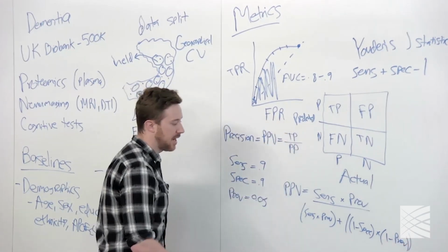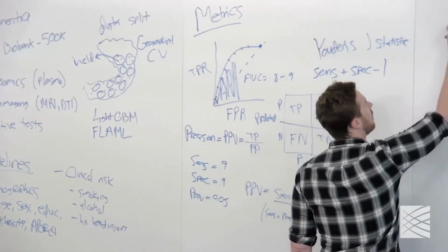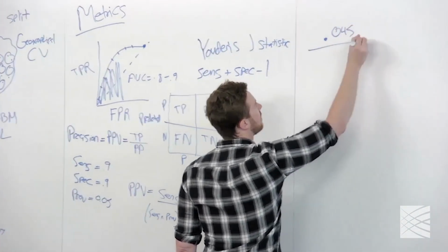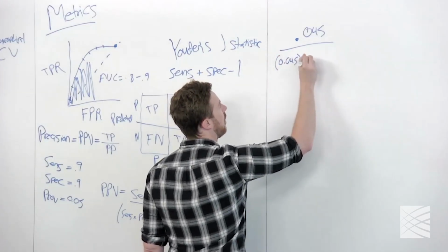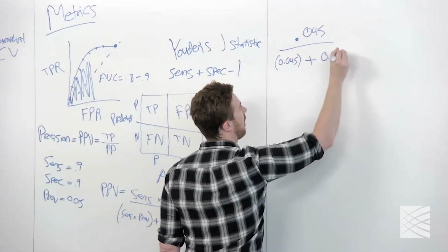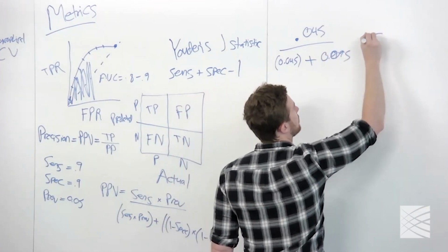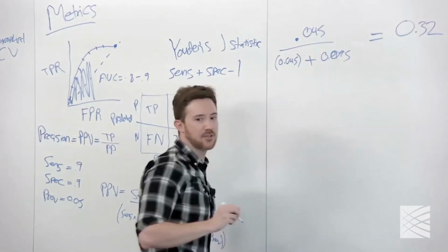So if you work this out, what you end up with is 0.045 divided by 0.045 plus 0.095, which is about 0.32.